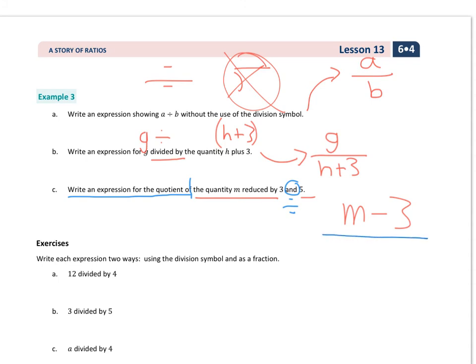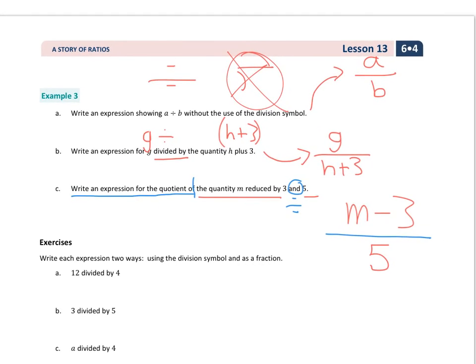Divided by, and then the last part was 5. I think the easiest way to break down these sentences is to think about the quotient of, look for the and, and the things before and after the and tell you what's before and after the division. So there you go.